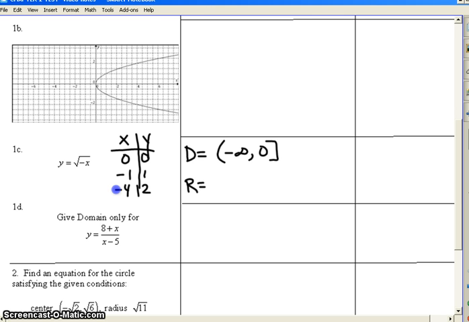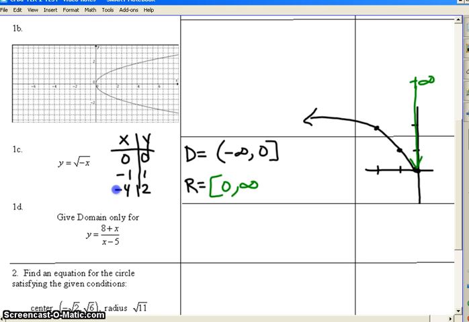So what's happening on the graph is 0, 0, -1, +1, -2, +2, and so on. So my graph is going like this. So the range is coming in from +infinity, but goes to 0. The way we're going to write that is the smallest number first, 0 to infinity is going to be the range.